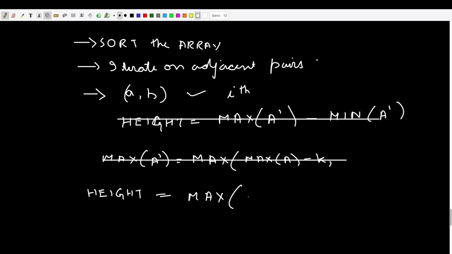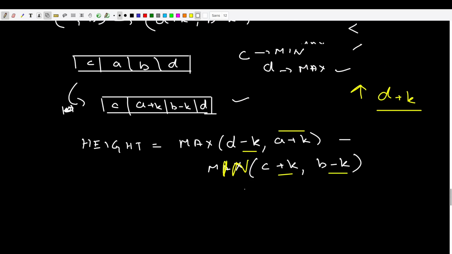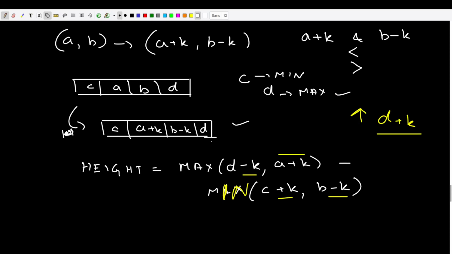Max of, so we are at ith, so see this D minus K, right? Sorry, A plus K, right? Here we were using A plus K. What is A?